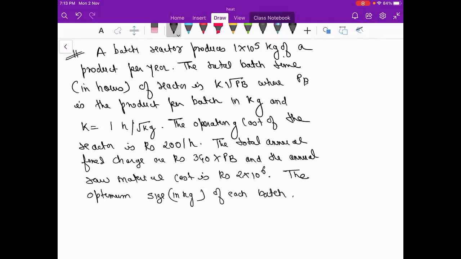Yes, k equals 1 hour per root kg. Okay, so in the meantime, those who have any doubt can ask.